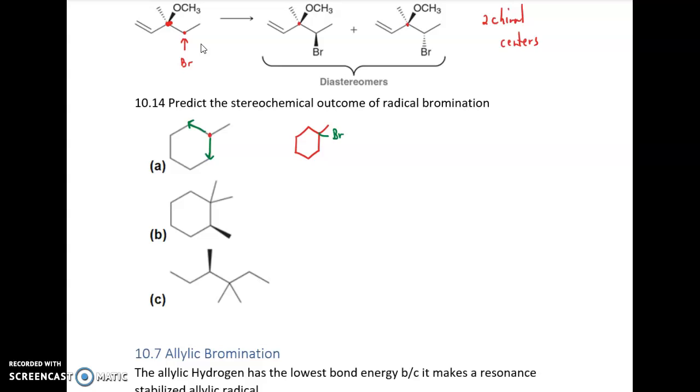But let's look at this next one. Here, we're going to add our bromine to this position. That'll give us the tertiary radical intermediate. And they're not the same.